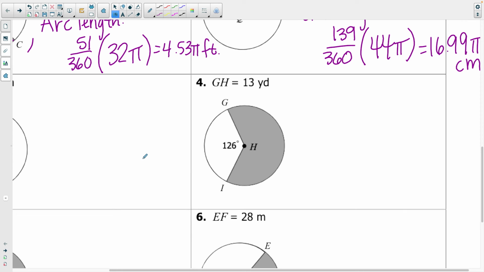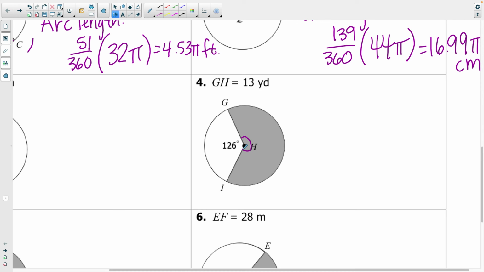I'm still looking for the area of the shaded region, the gray part. But what did they give me differently than the other ones? The non-shaded part. So I don't want to use 126. So how am I going to get this measure over here? 360 minus 126.